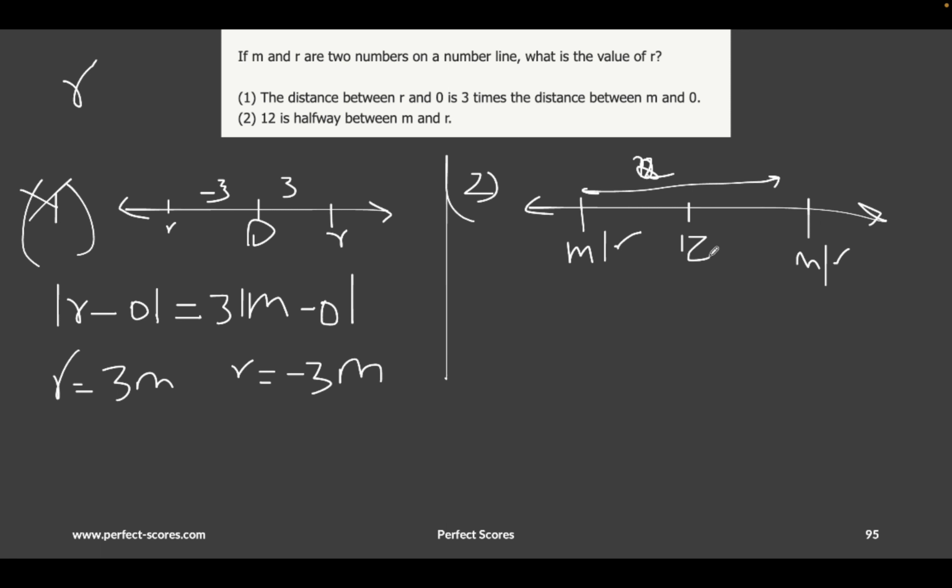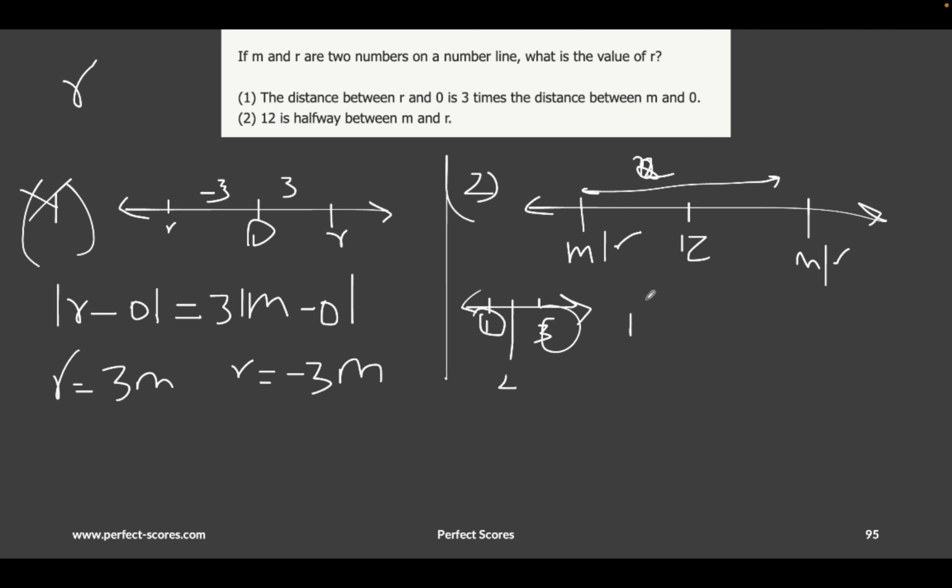So I'm just going to give you an example here. For instance, if you have two numbers, let's suppose 1 and 3, and 2 is halfway between them, halfway means that 2 is the average of 3 and 1, right? Because you're looking at consecutive numbers, the average of consecutive numbers is right in the middle.